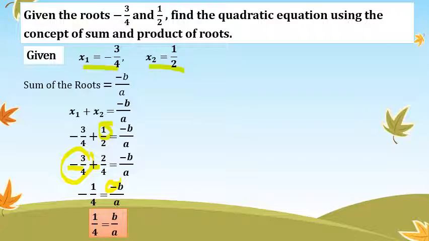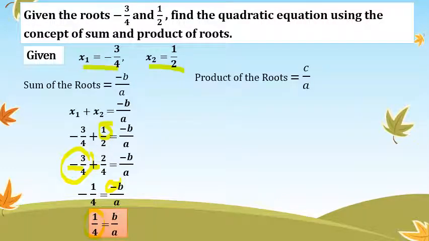Kaya i-multiply natin both side ng negative. So, negative times negative, we have positive. Kaya naging positive 1/4 ang b over a. So, the sum of the roots is 1/4. 1/4 ang value ng b over a.